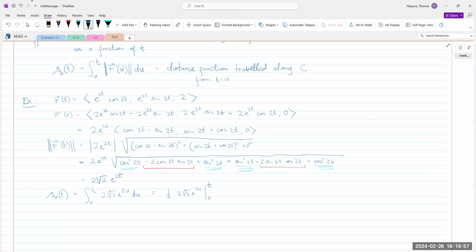Oh, now I see my mistake. So the 2 cancels, I get square root of 2 times (e to the 2t minus e to the 0, which is 1). So this is the distance traveled after t units of time along this curve.